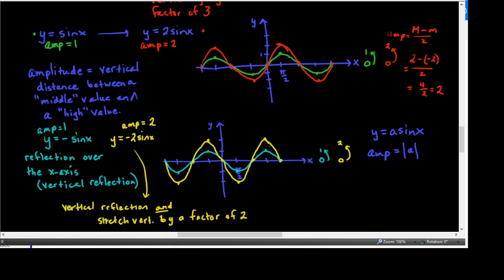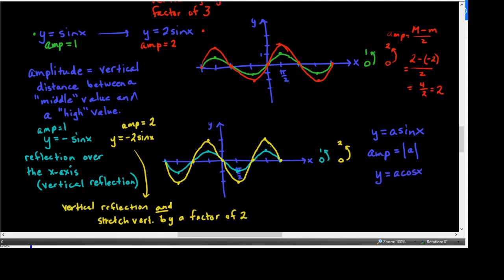Because amplitude is a distance, it has to be a positive number. If your coefficient of sine of x is -2, you have to take its absolute value to get the distance it's going to from middle to high value. Okay? So that's how we're going to find amplitude. And by the way, that's going to be true for y equals a cosine of x as well. The same thing happens.